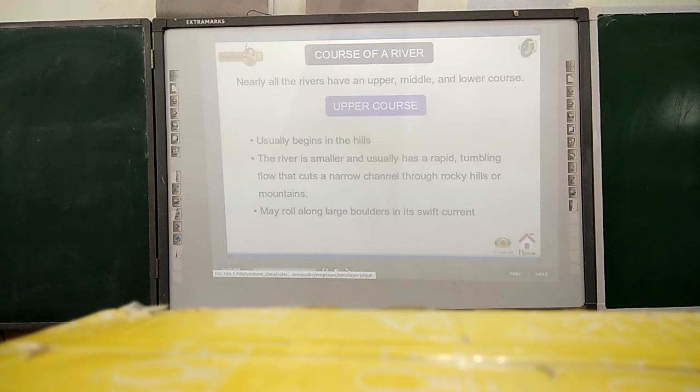The river is smaller and usually has a rapid flow. It may roll along large boulders. So when it flows, the water carries various particles and deposits.